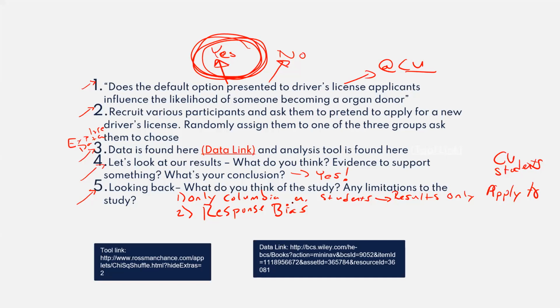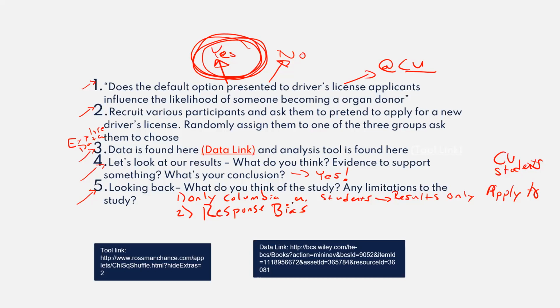They're going to say, oh, Matt didn't want to be an organ donor. He must not be a nice person. So I'm going to give the response I think they want me to give, when in reality, I would never be an organ donor. Does that make sense? I'd give the result people want to hear because it has no bearing on my real world. So this is an issue, response bias.